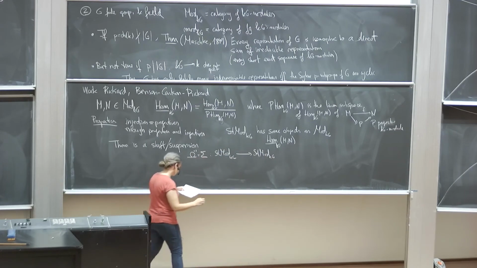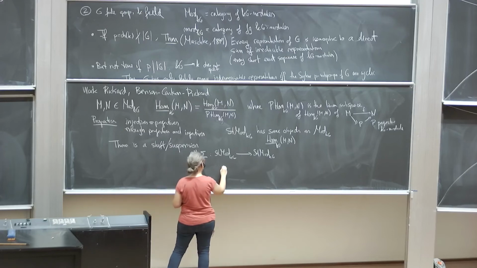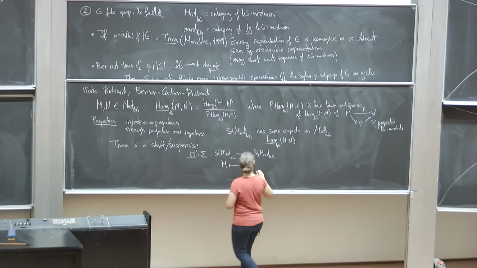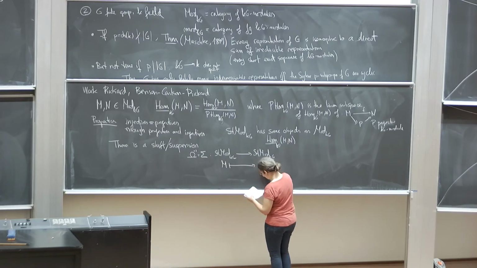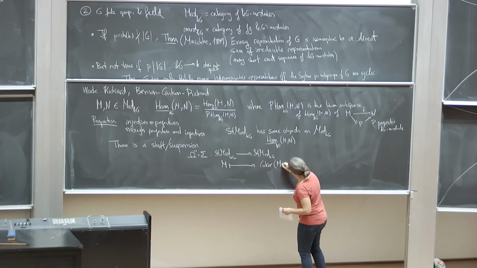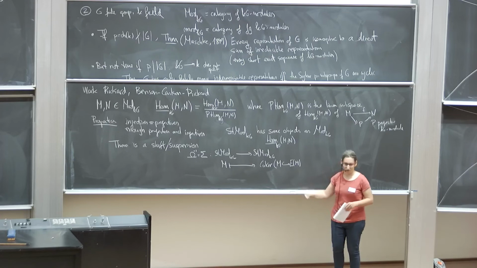And how is it defined? M goes to the cokernel of the map that goes from M to its injective hull.